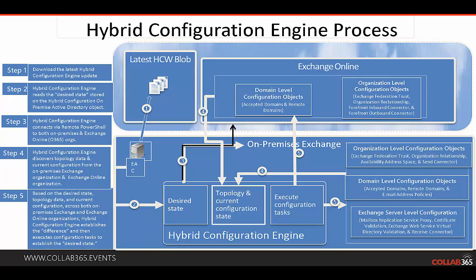So it's not a dumb engine which is going to ask you so many repeated questions, but it's going to discover it and automatically provide you the populated values, so you don't have to do it. It's a very smart, new Hybrid Configuration Wizard. We'll see in the demo.